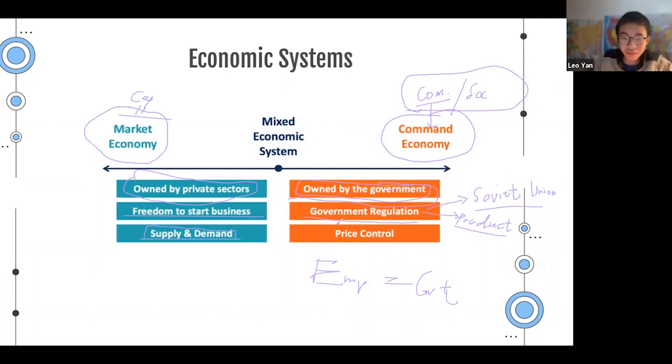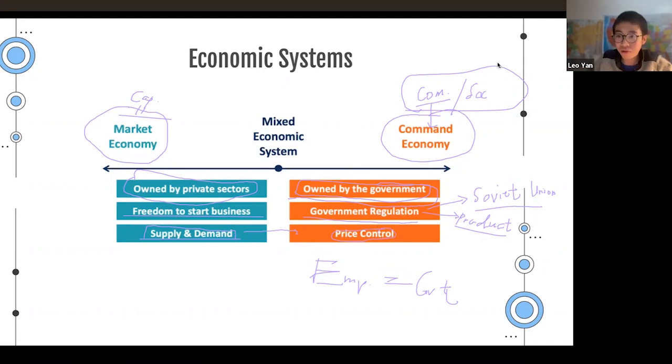And one last factor that goes directly opposite to this is, instead of letting prices be set naturally by demand, there is a lot of price control. So what is price control? Let's go back to my example of my car factory, the car factory that I don't own, but I work at, right?